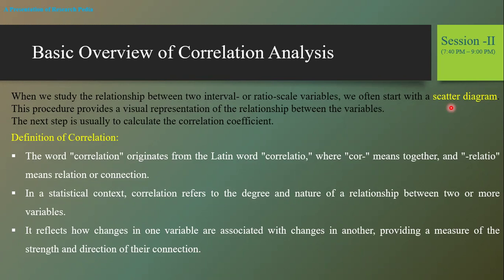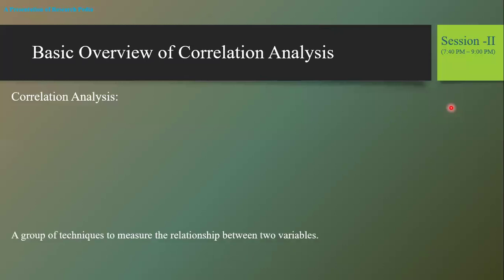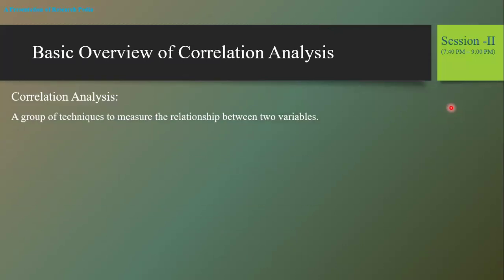So when you want to analyze the relationship between two variables, first you need to check whether the graphical representation is showing a positive relationship, a negative relationship, or something else. So you need to analyze the data using a scatter diagram first. Then you need to understand what correlation analysis is: a group of techniques to measure the relationship between two variables.